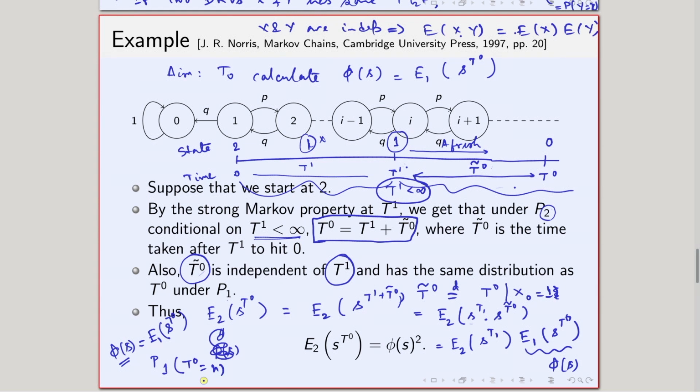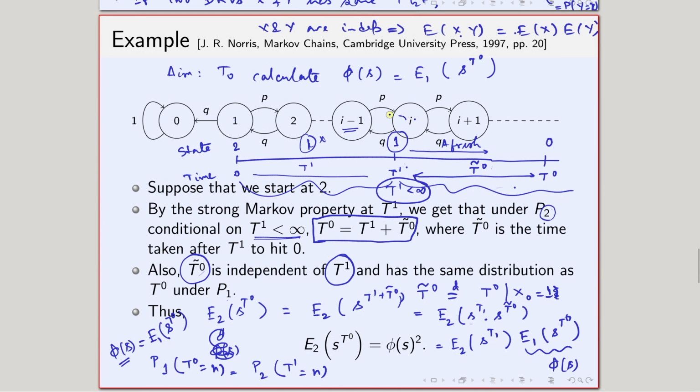in n steps is basically the same as starting from 2 hitting 1 in n steps. Why? The idea behind that is that in this particular Markov chain, the probability of going right is p and the probability of going left is q. So this p and q are fixed throughout. So it does not matter whether I am trying to find the probability distribution of t naught starting from 1, or the probability distribution of t_{i-1} starting from i.